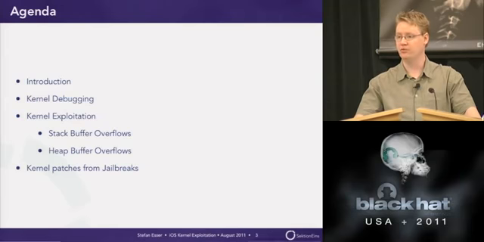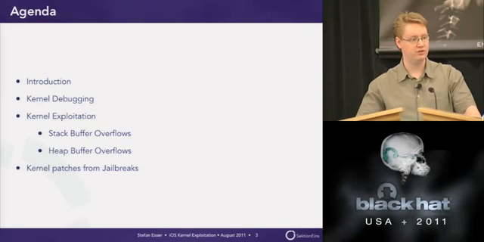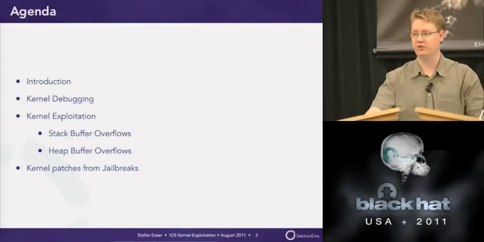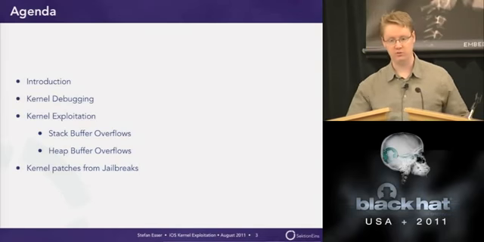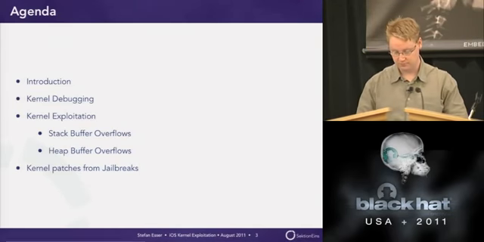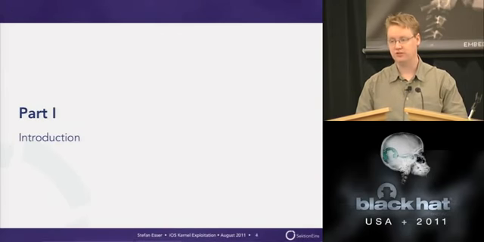And then I will walk you through the exploitation of a stack buffer overflow and the exploitation of a heap buffer overflow in the iOS kernel. I will not disclose any 0 days, so these will be bugs already public. And in the end, I will tell you something about the kernel patches used by jailbreakers to disable all these security features. So this is basically the things you are going after once you have achieved code execution in the kernel and you want to disable all the security. So let's start.